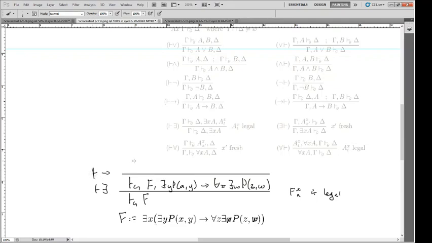We have to move this part onto the left side and this part onto the right side. So I'll have there exists y, P, a, y on the left side. And then on the right side, we still have our f, and then we have for all z, there exists w, P, z, w.